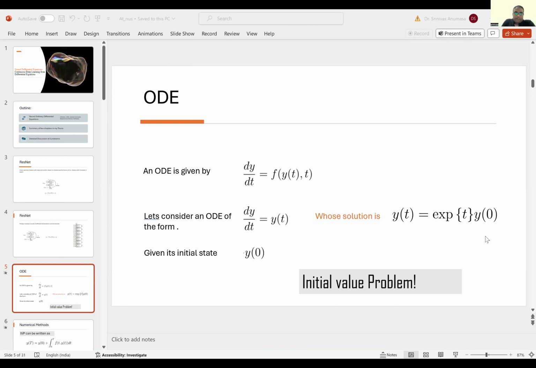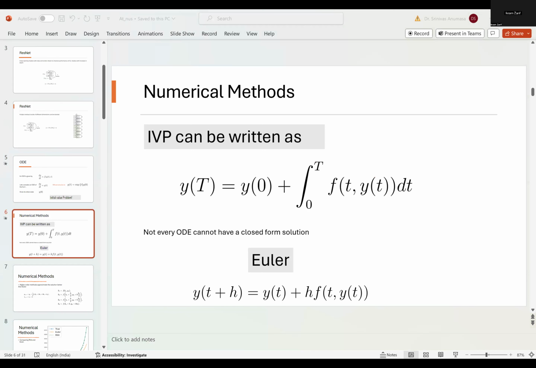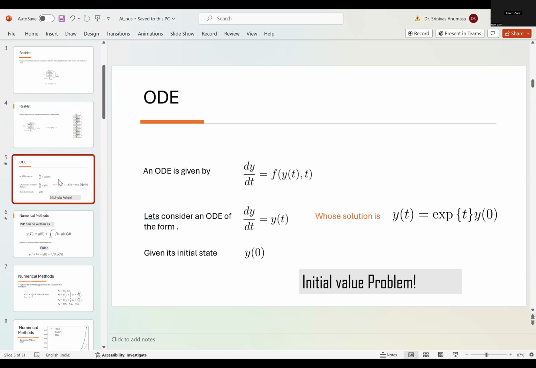So I'm just changing the slide. Can you see the numerical method slide? No. Yeah, it came now. The numerical methods. Now again I change the slide. Yeah, now it comes. I think we can work it out.